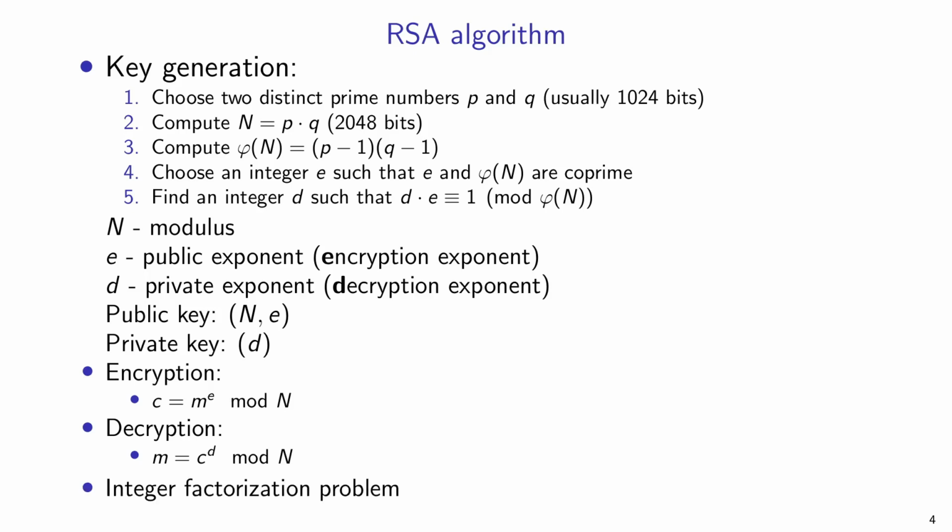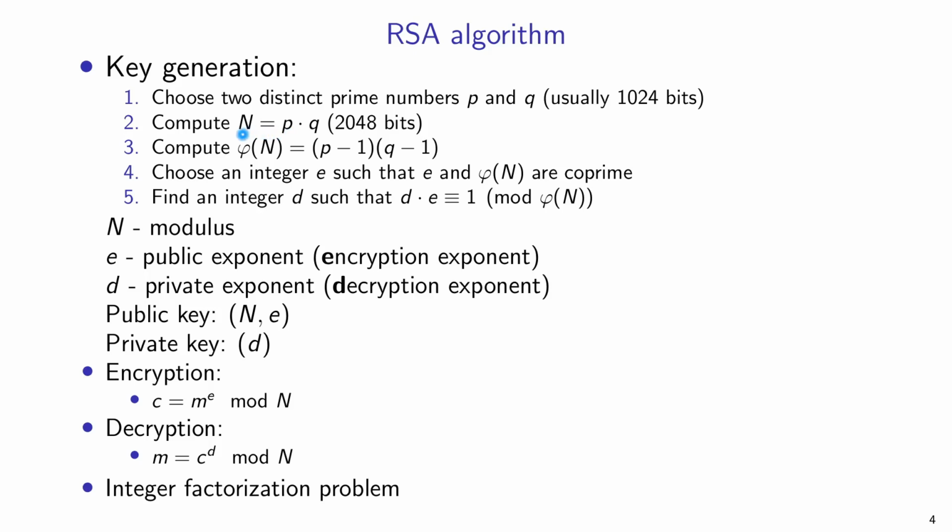Now, the security of this RSA algorithm relies primarily on the difficulty of the so-called integer factorization problem. If we could factor this public key modulus N, then we could recover the private key. But even though we know the value of N, and we know that it is the multiplication of two primes, there is no efficient way to recover these primes.